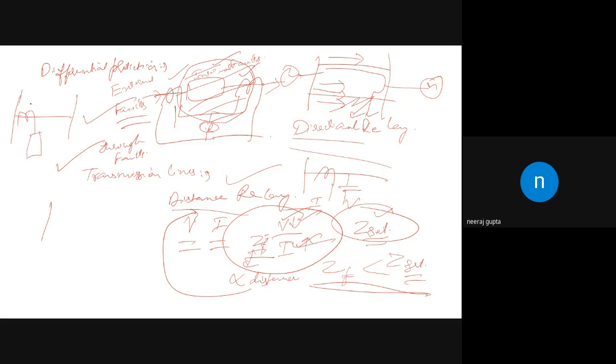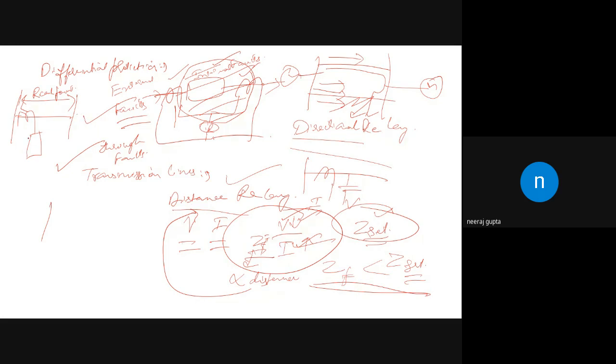The farthest point from the relay location, that is, we want to protect up to this point, we call this the reach point.